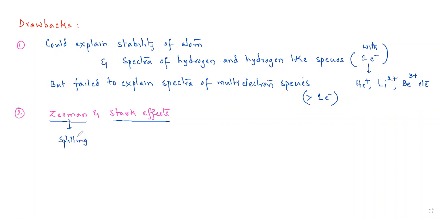Splitting of spectral lines into still simpler lines or into fine lines in magnetic field is a Zeeman effect.